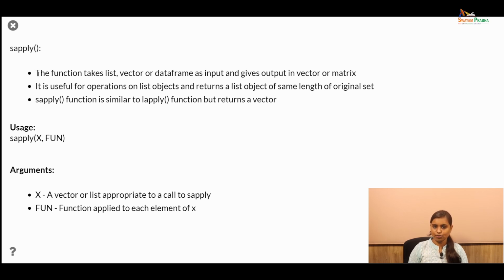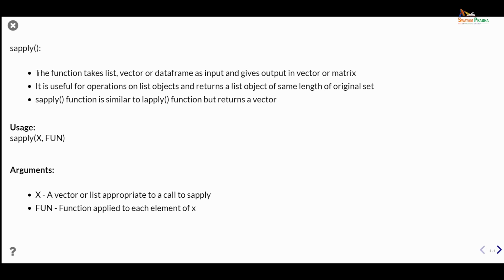So let me just take you through what sapply means. Basically the sapply function takes a list, vector or data frame as input and gives output in a vector or matrix. It's useful for operations on list objects and returns an object of the same length as the original set. The sapply function is similar to the lapply function. The only difference is that this function returns a vector.